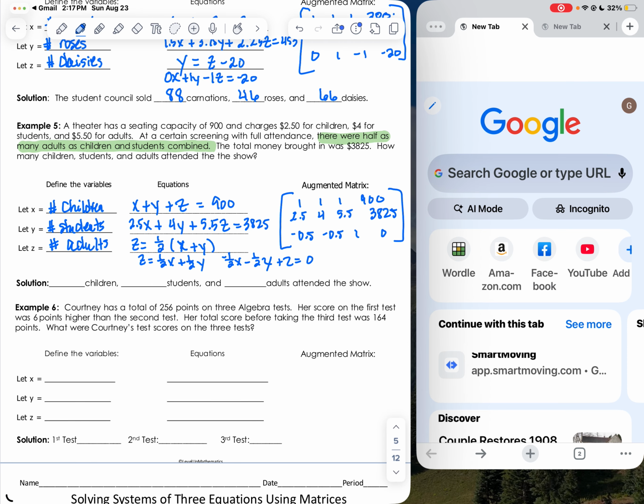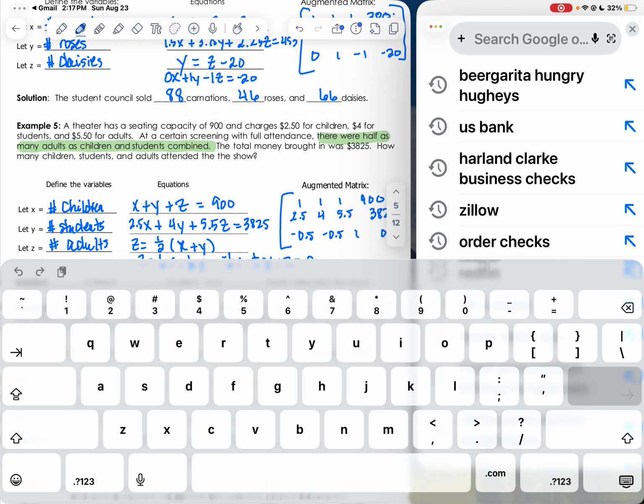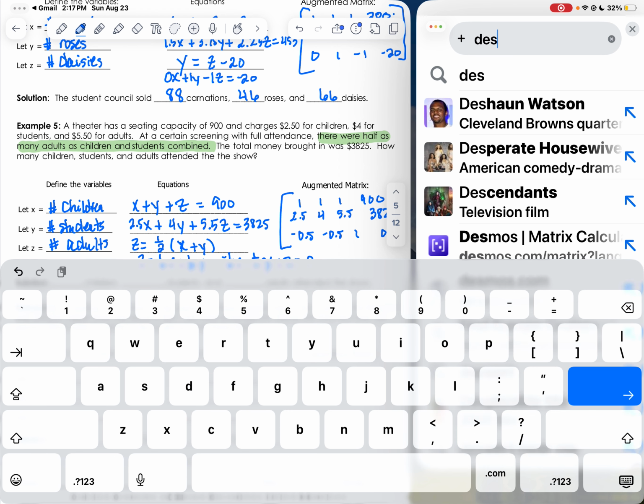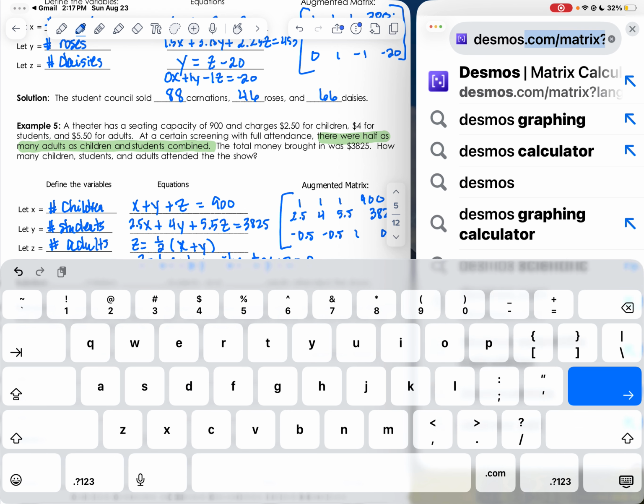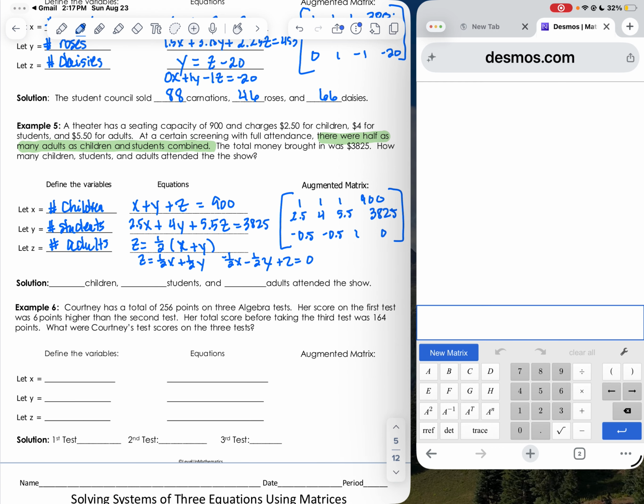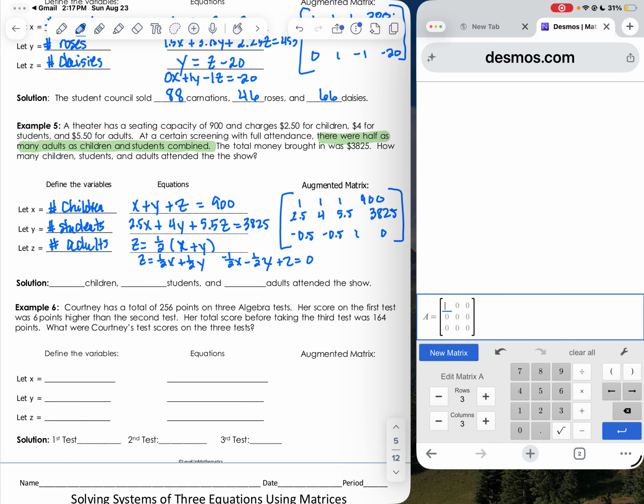All right, now we're ready to make our matrix. What happened? I lost it. I want the Desmos Matrix Calculator. All right, we got it back. All right, new matrix, A. It's a 3 by 4 matrix. So 1, 1, 1, and 400.